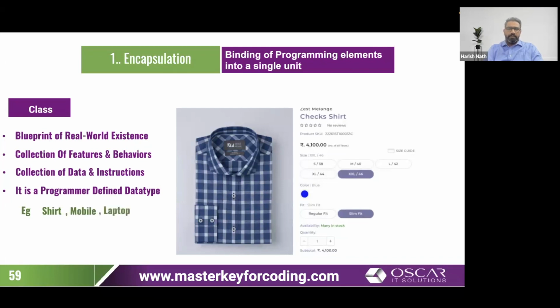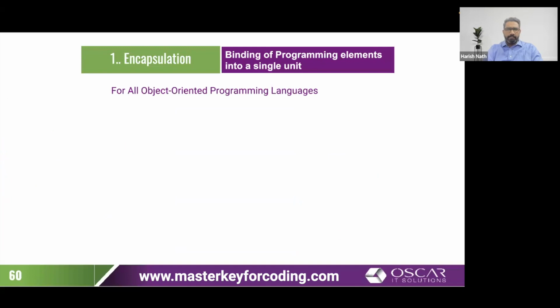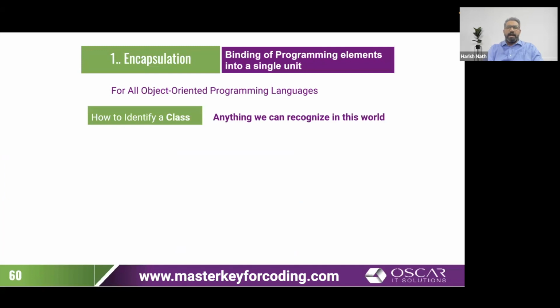And then similarly, you can take a mobile, you can take a laptop, and define them in more or less the same way. In all object-oriented programming languages, how do we identify a class? A class is something which we recognize in this world, or something which we can imagine to exist, like superheroes.